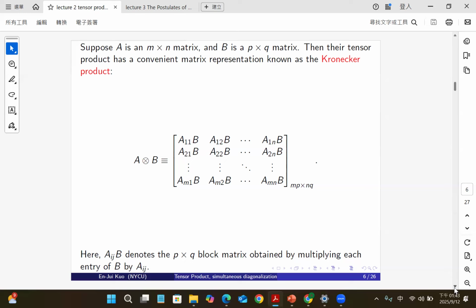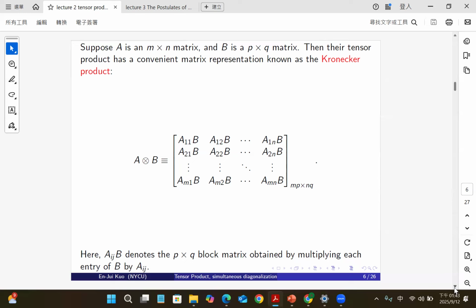Let's say I give you a matrix that is M times N. I should view A as a matrix which acts on an N-dimensional vector and maps to an M-dimensional vector. Because A is an M times N matrix, times a vector with dimension N, will give you a vector with dimension M.